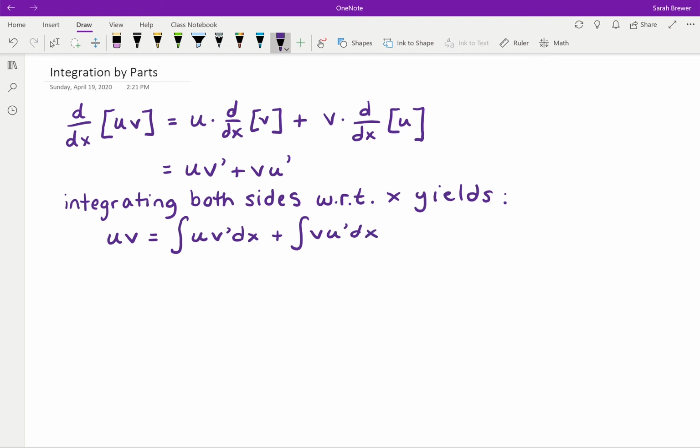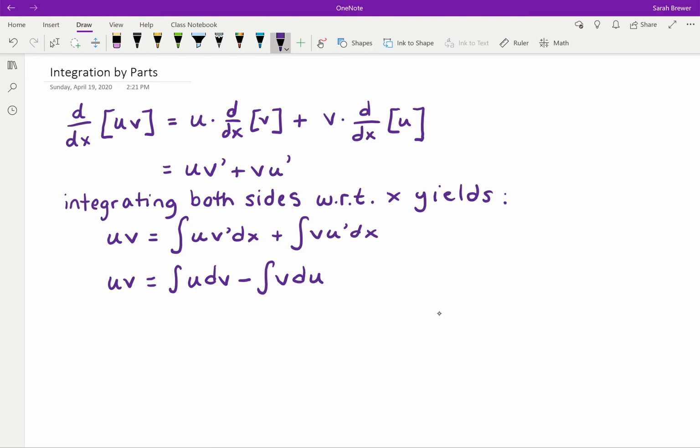All right, but v prime times dx is really just dv, and u prime dx is really just du. So we have that uv is equal to the integral of u dv plus the integral of v du.